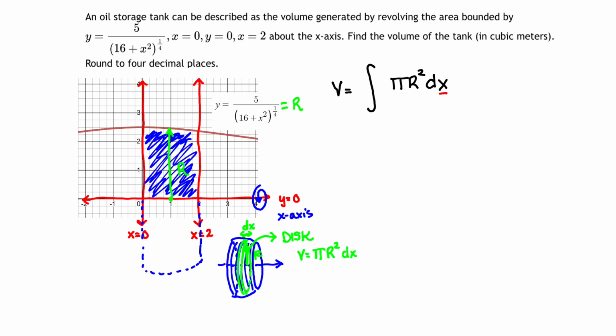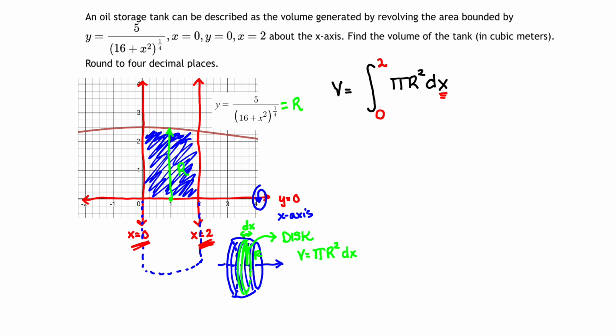And we note, again, we're cutting perpendicular to the x-axis, so we're adding up all these disks along the x-axis. And that helps us to define our limits of integration. So our region is bounded from x equals 0 to x equals 2, and so this right here is the integral that will give us the volume for this 3-dimensional solid.